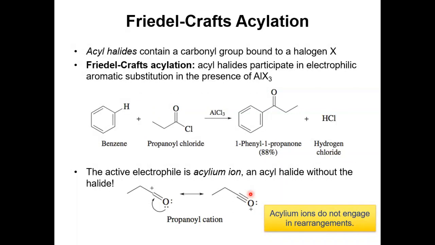So this is the important difference between the acylium ion and a conventional alkyl carbocation. If you have a conventional primary or secondary alkyl carbocation, it may undergo a rearrangement to give you a more stable tertiary carbocation. But this one never will, because it's already the most stable type of carbocation. A big difference.